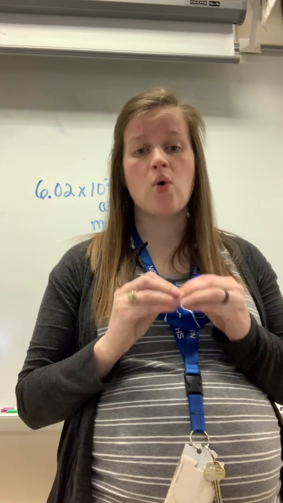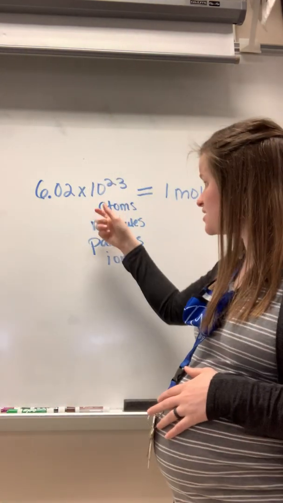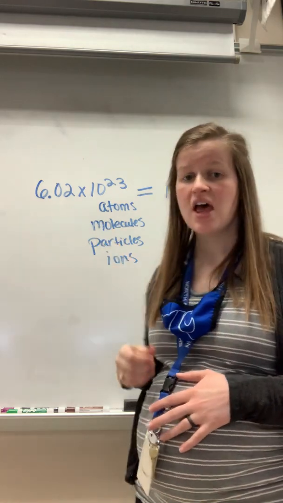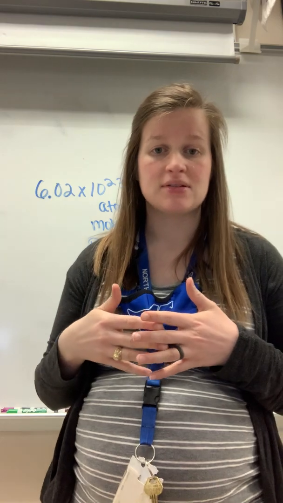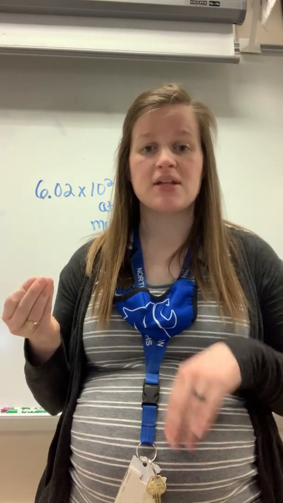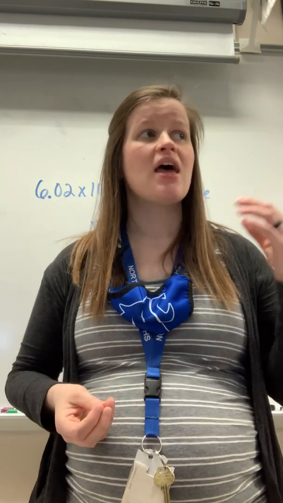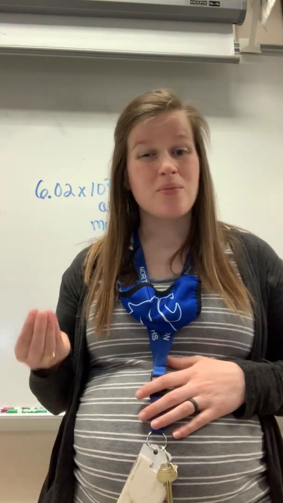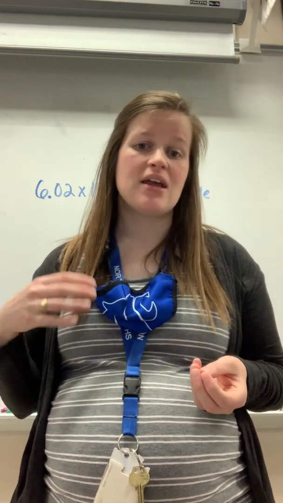But either way, molar mass is talking about the grams per mole, because each of these atoms, molecules, particles, ions, they all weigh a certain different amount than any other atom. Does that make sense? So carbon atoms weigh a different amount than oxygen atoms, and carbon atoms weigh a different amount than hydrogen atoms, and water molecules have a different mass than carbon dioxide, and so on and so forth.